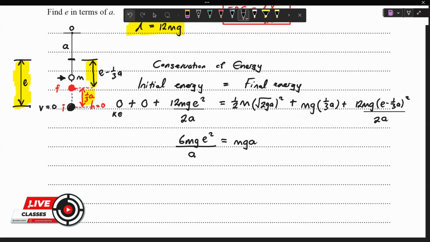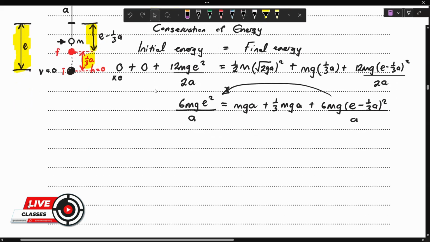From simplifying this part, we get a third mga. And simplifying this part, we will simply be having 6mg of e minus a third a squared over a. I'm actually going to take this to the left side, and I'm also going to factor out 6mg over a.